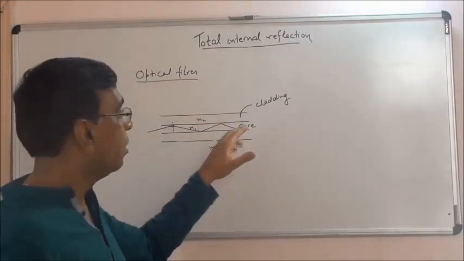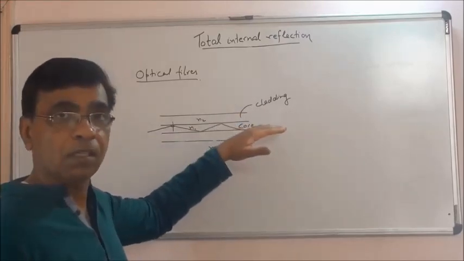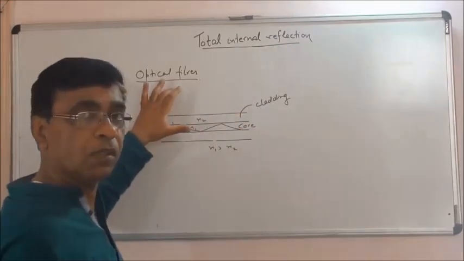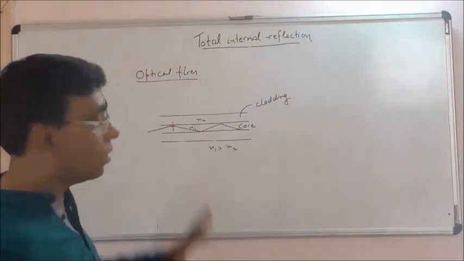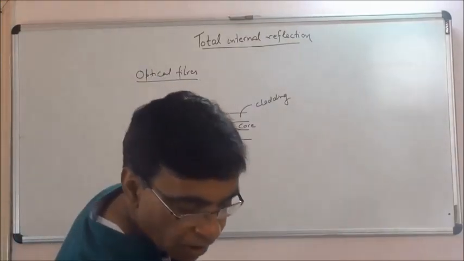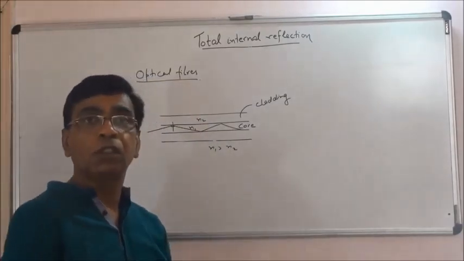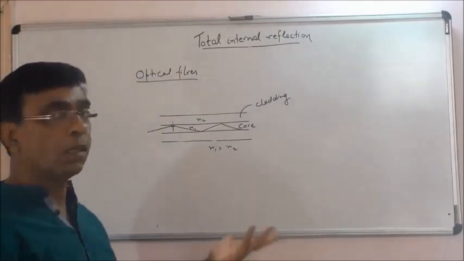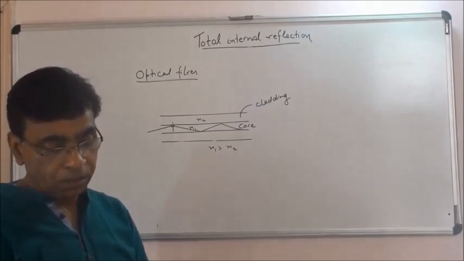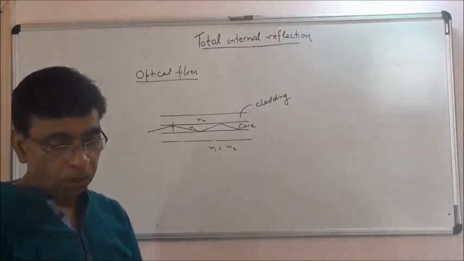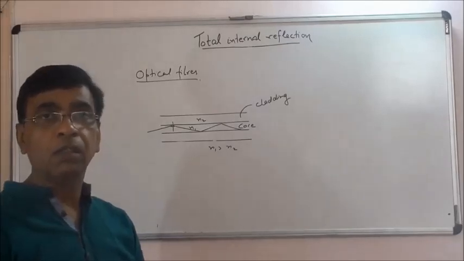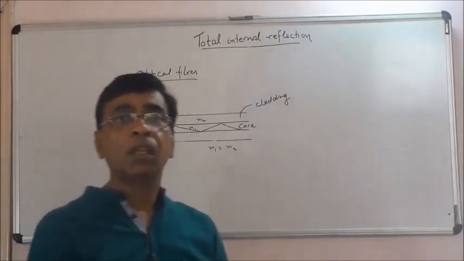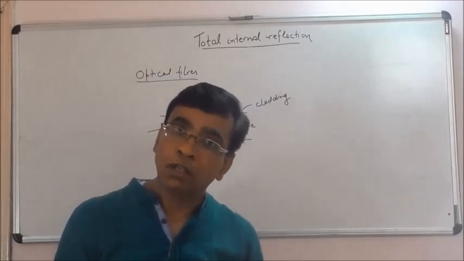So this way, the losses are minimized if we are using optical fibers in comparison to the ordinary cables. So these are replacing the cables nowadays. Clarity, number of users, all better than in cables. Okay, so this is all about total internal reflection. In the next class, we will take up refraction on curved surfaces.